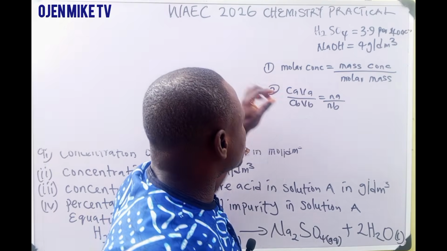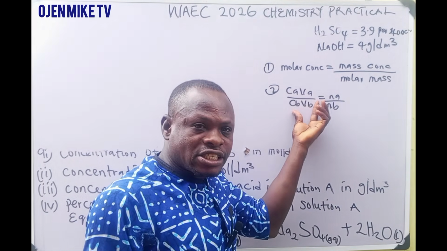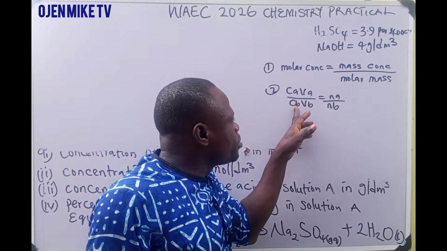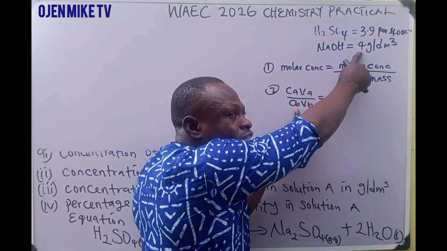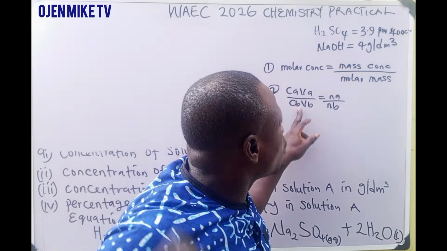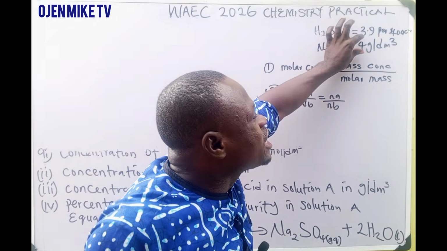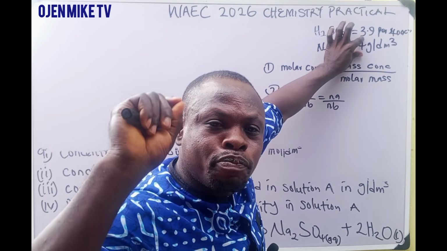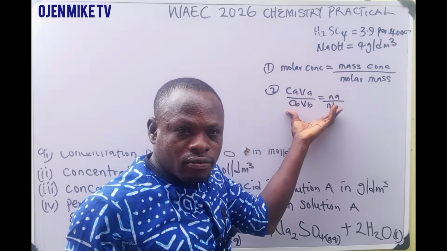What do I mean? You cannot use this one first because concentration of B is not given in moles per dm cubed. It's given in grams per dm cubed. Look at the question here.